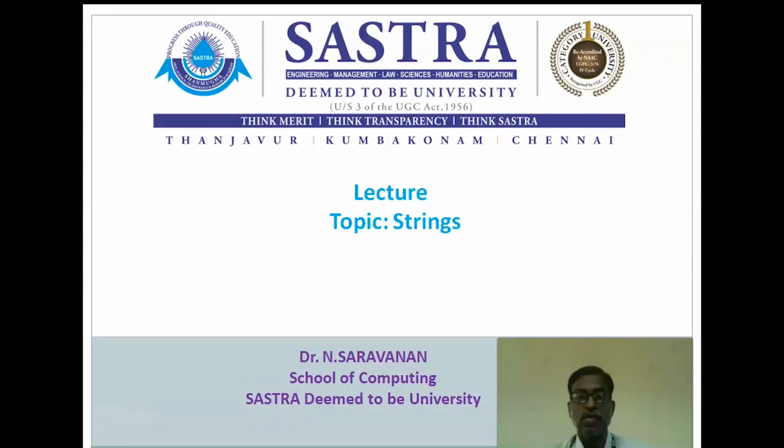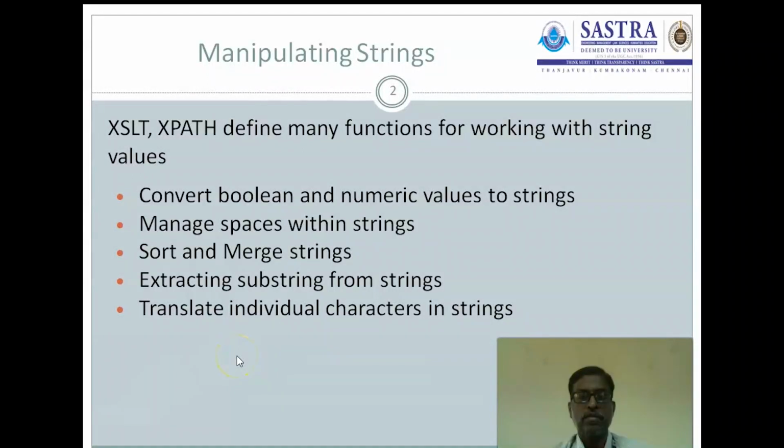In this session, we are going to discuss strings in XSLT. You know that character representation and sequence of character representation is mandatory in any language, because all or most of the data will be represented in the form of sequences of characters.